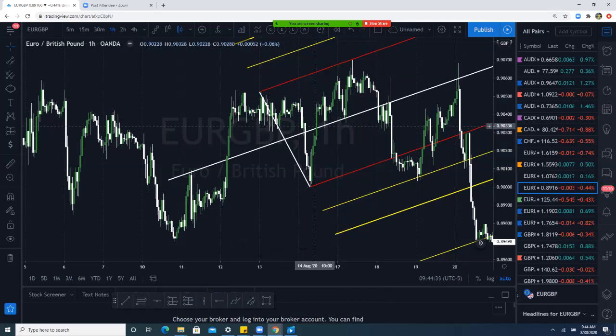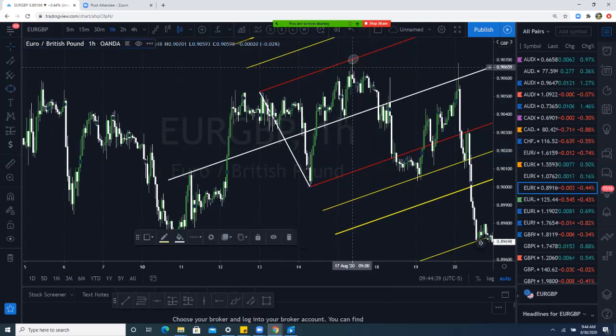So if you look here, you see that I purposely modified it to where it'll line up with the higher price on the higher pitchfork. You want to make sure you have an equal and very accurate touch, because if you do that, you'll notice that you have price respecting here, price respecting there.